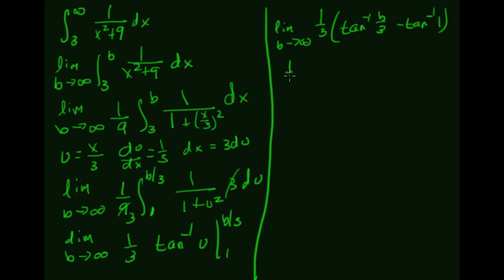So let's see, I get 1/3. As I go off to infinity, the inverse tangent goes to pi over 2. The inverse tangent of 1 is pi over 4. So this is 1/3 times pi over 4, which is pi over 12. All right, so that's part A.